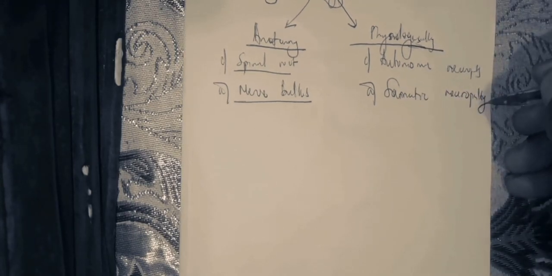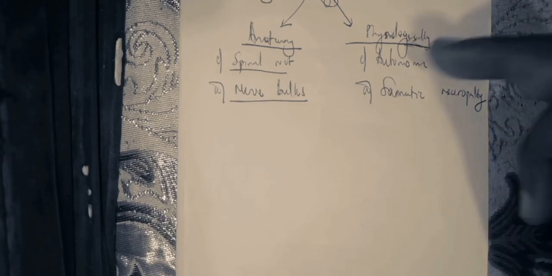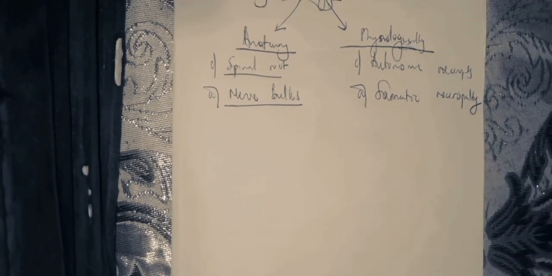Is it clear? Now, that somatic neuropathy can be divided into two again. We have a sensory neuropathy and we have also a motor neuropathy. Similarly, the autonomic neuropathy can be divided into two. We have parasympathetic nervous system neuropathy and we have sympathetic nervous system neuropathy. Is it clear? So that is the definition of the neuropathy.